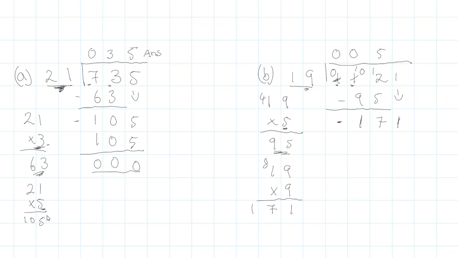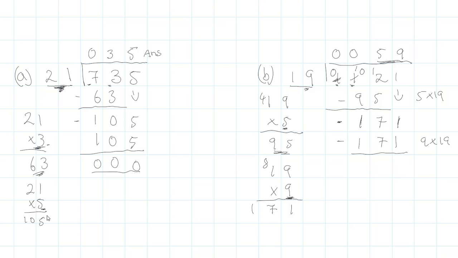So when I multiplied 19 times 9, that gave me 171, which is exactly the number that I'm looking for. So I'm going to take them away, but first I'm going to bring up my 9, because that's what I multiplied 19 by. So at this point I multiplied 9 times 19. At this point up here I multiplied 5 times 19. And that gives me my numbers up here.